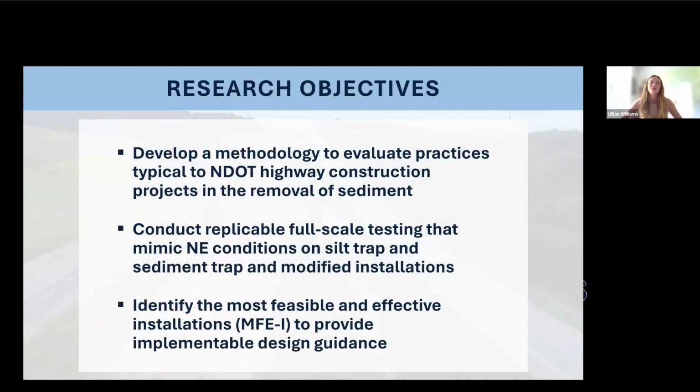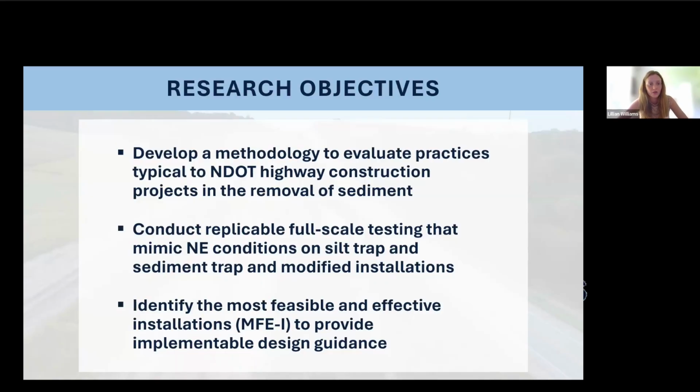So our objectives were to develop a methodology to evaluate these practices and compare their performance of selected practices typical to Nebraska highway construction projects in the removal of sediment. So sediment that is from construction generated runoff.